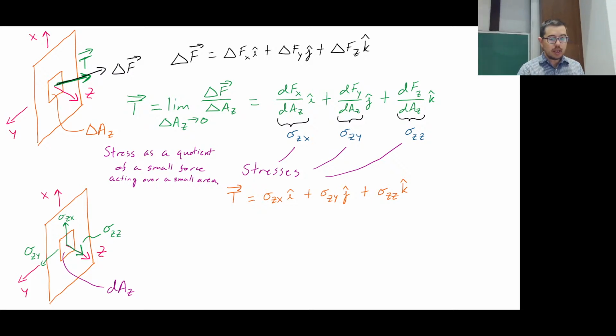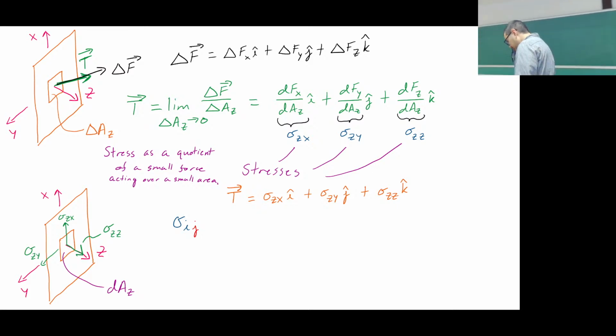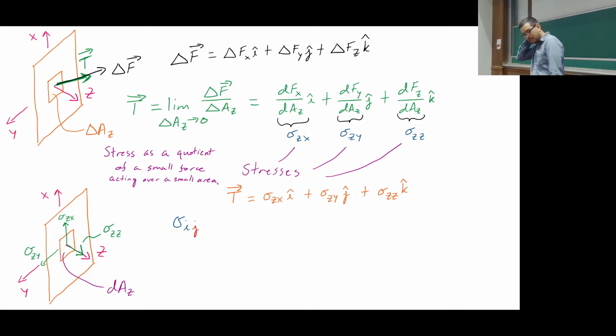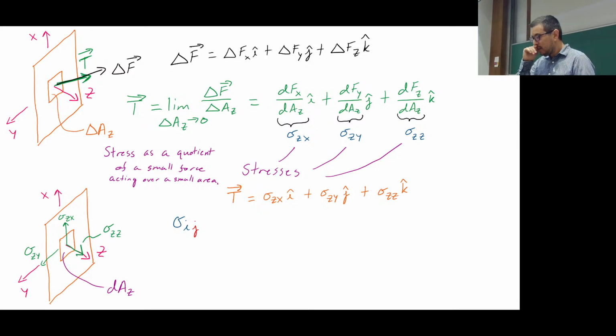What we can introduce is a notation. These are not the same as i hat, j hat, k hat; these are just indices now, little i and j. I'm sorry, it's maybe a little confusing.